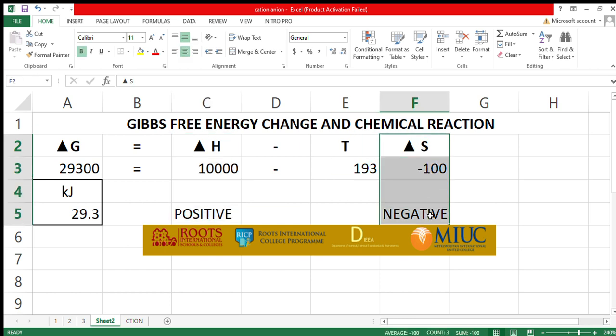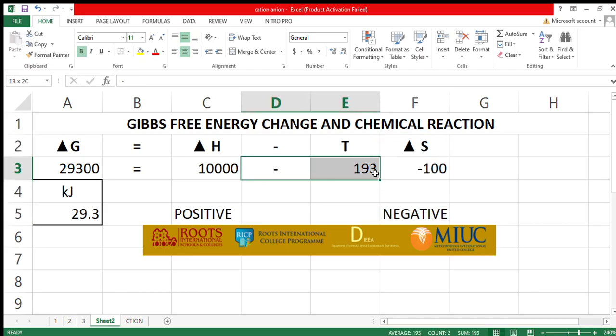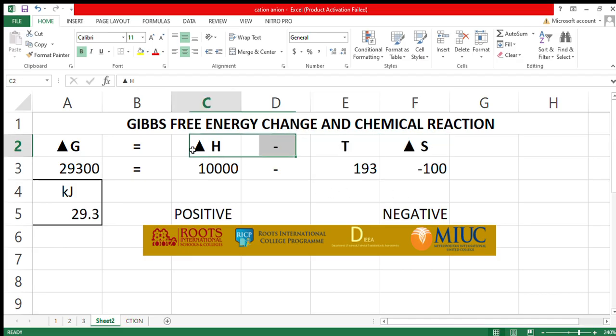So we can see mathematically, this negative multiplied by this negative, the answer is going to be positive. Now this positive factor added to this positive factor, two positive values can never make a negative value.